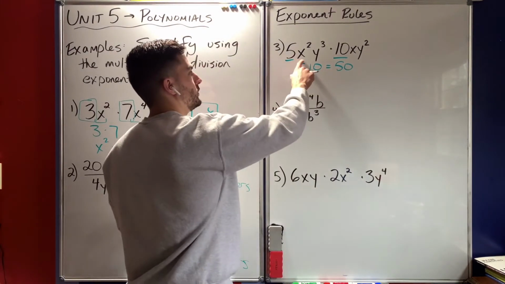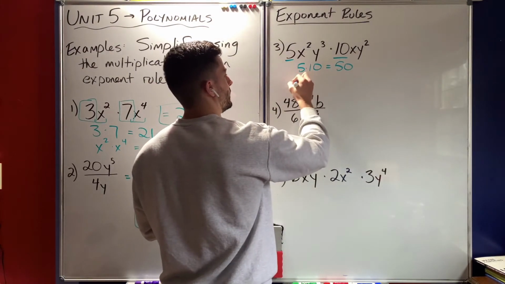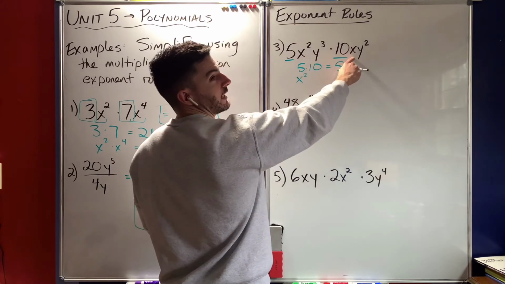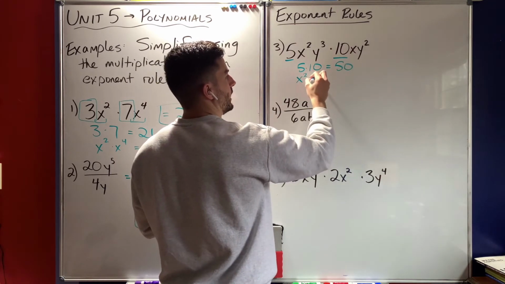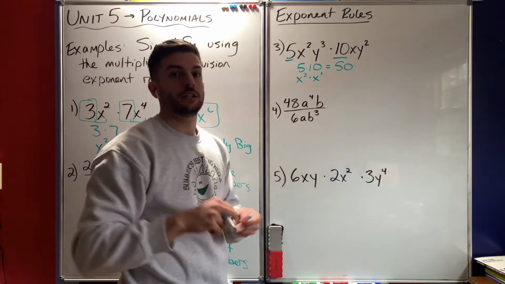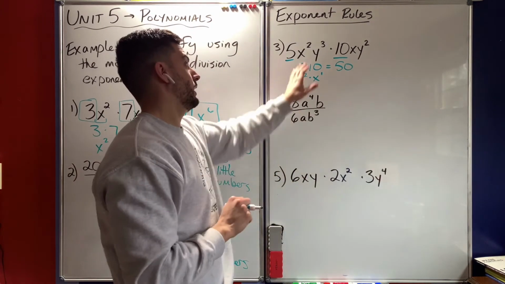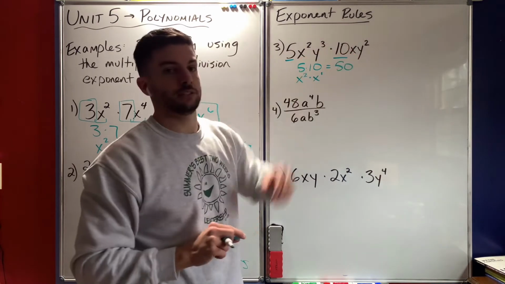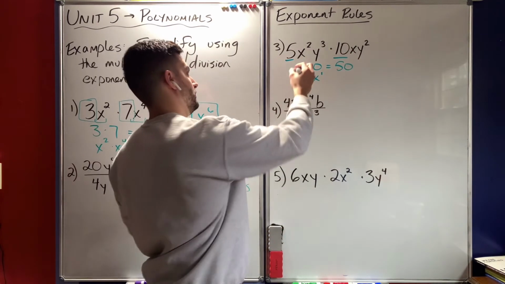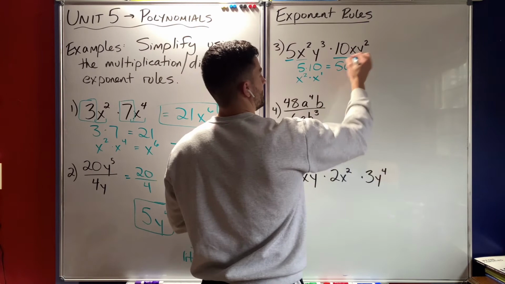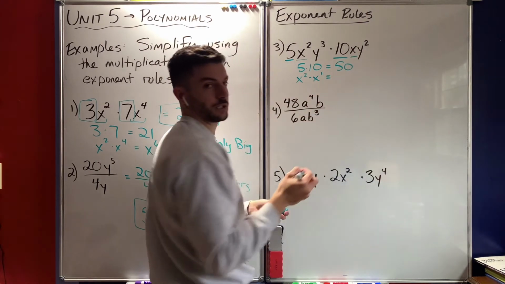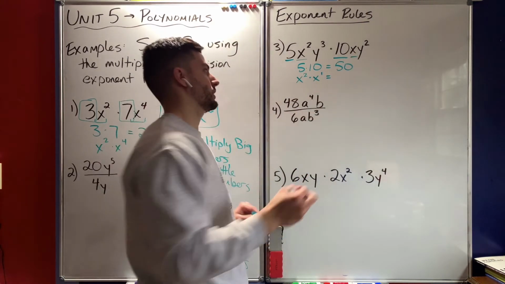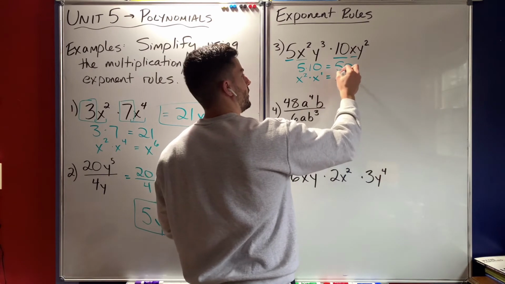So I look at this term and I say, okay, that has x squared. Then the second term just has this single x, or x to the 1st, right? Because this now has two x's, these two separate x's, I can multiply those two together. So it'd be x squared times x to the 1st. Again, the shortcut: add the little numbers, add those exponents. So it would be x to the 3rd.